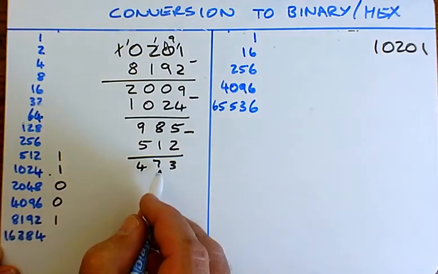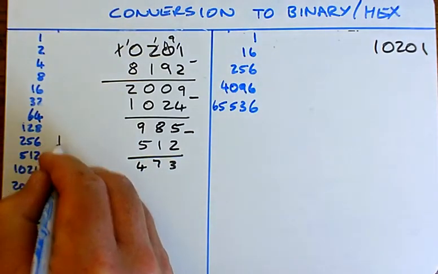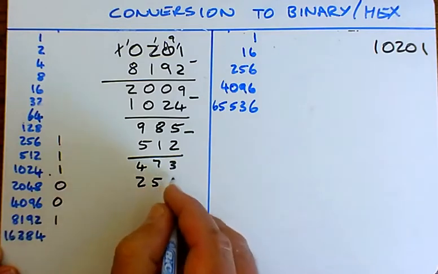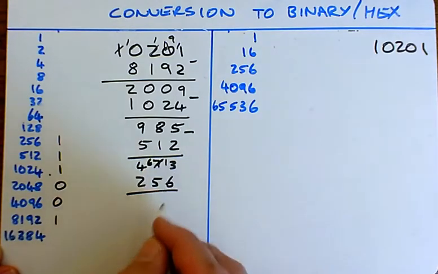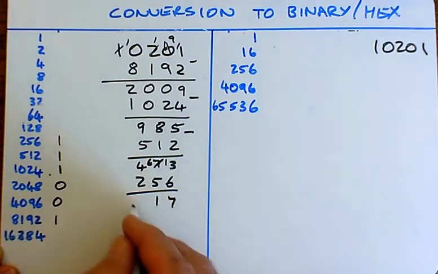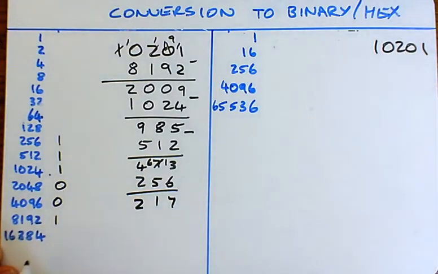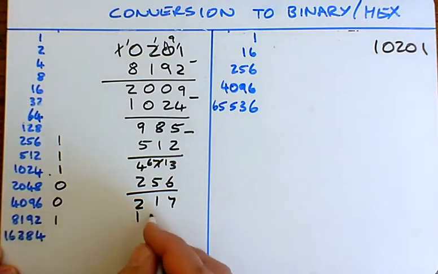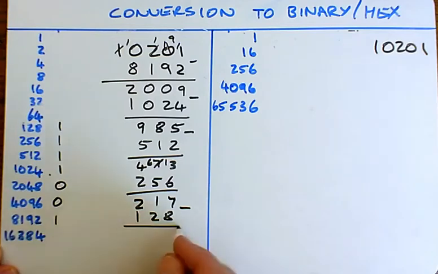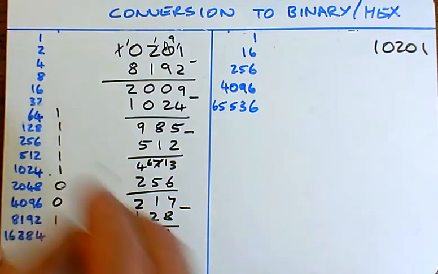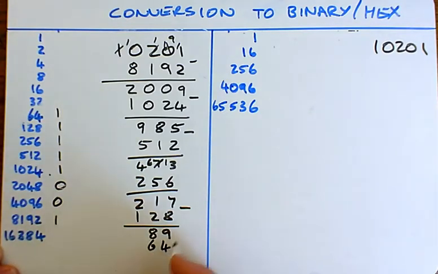Next biggest number that goes into 473, 256. Next biggest number, 128. Next biggest number, 64.